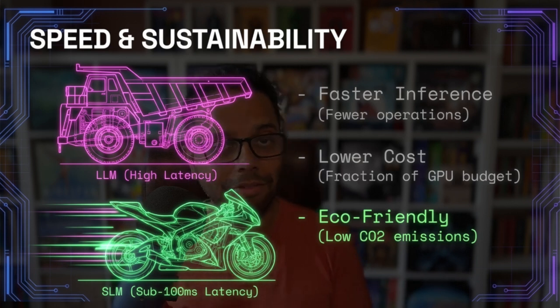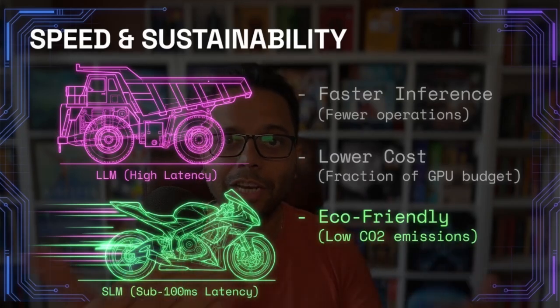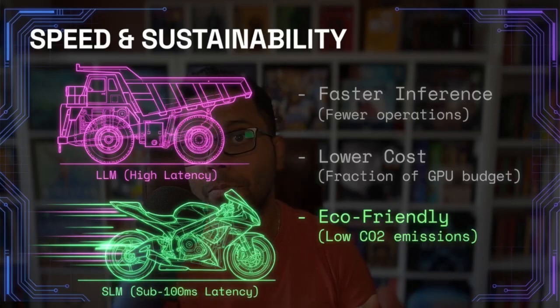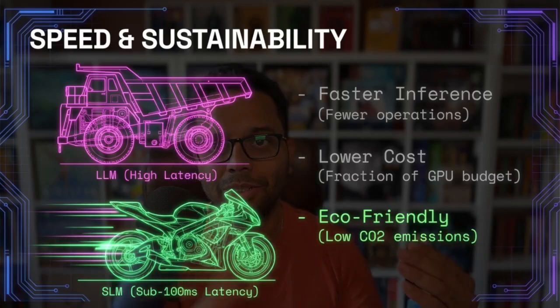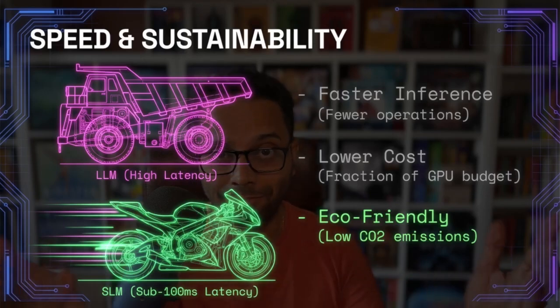Lower cost, a fraction of the GPU budget, and we spoke about it. Sometimes you can have some small language models downloaded into your browser itself and keep them in your browser cache, and anytime you're doing any browser action, you can take the benefits of those small language models. And sometimes they're brilliant.